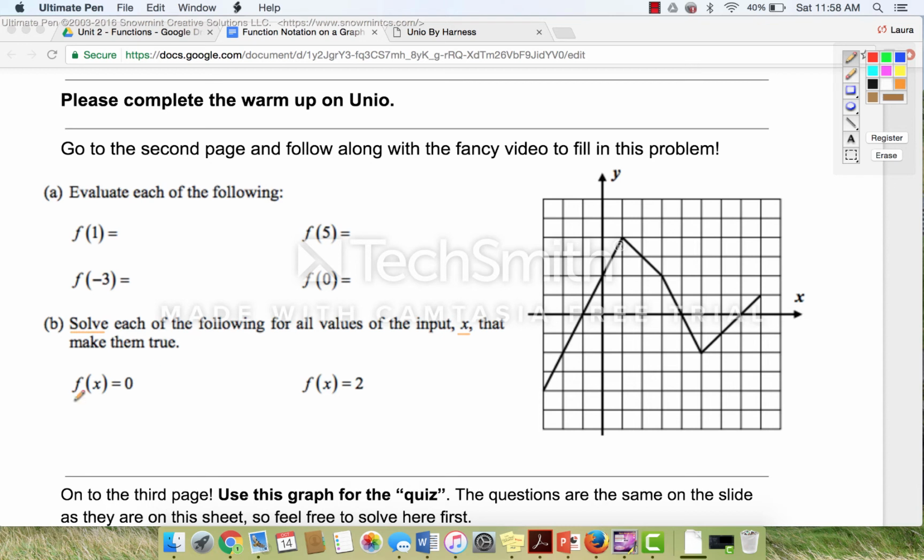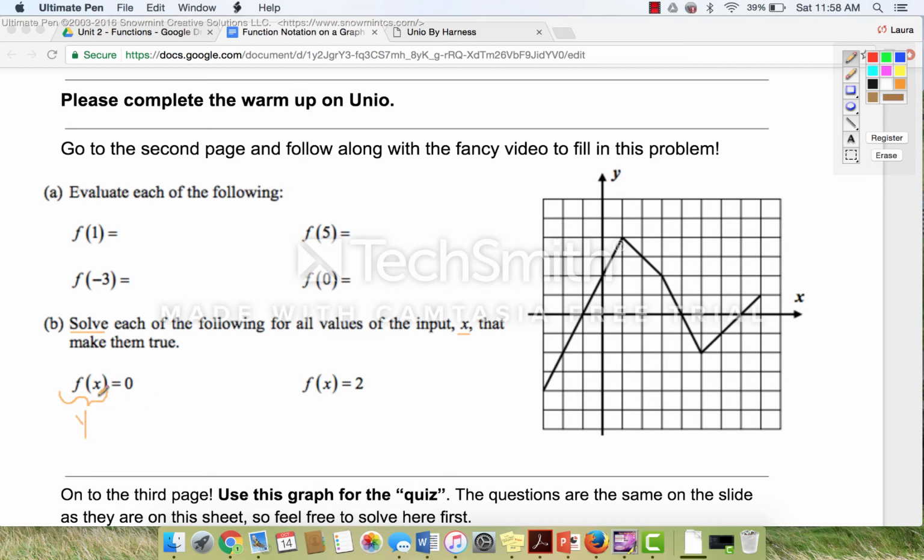Okay. So this first one, f of x equals 0. If we recall, f of x is just the pretentious mathematician way of saying y. So this guy just means y.